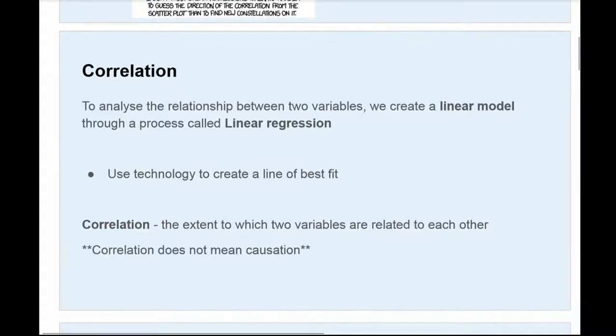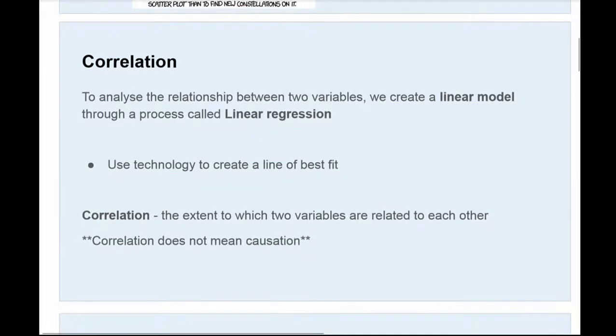So correlation is basically used to analyze the relationship between two variables. And what we do is we create a linear model through a process called linear regression. Basically, it takes an average and figures out how far each point is from the average. But as long as you're familiar with the terms, we're going to get technology to do this for us.